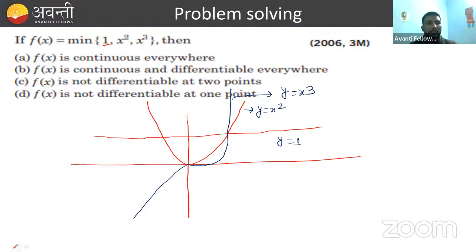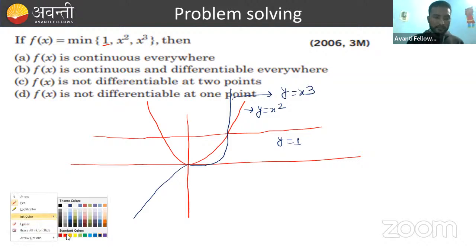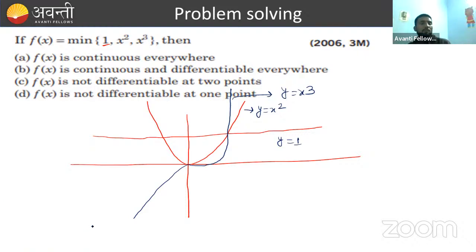Now they are asking whether it is continuous everywhere or not, and whether it is differentiable everywhere or not. So first of all, we have to find the minimum. If you observe all these three graphs, from minus infinity to 0, the y equals x cube graph is always minimum.